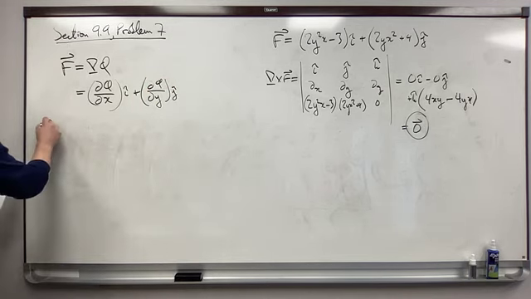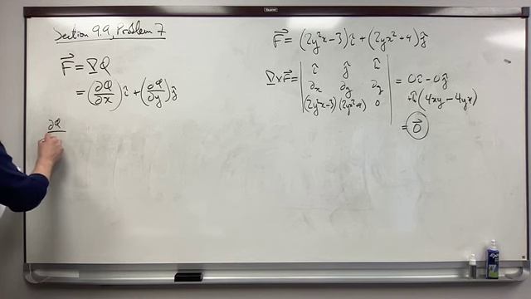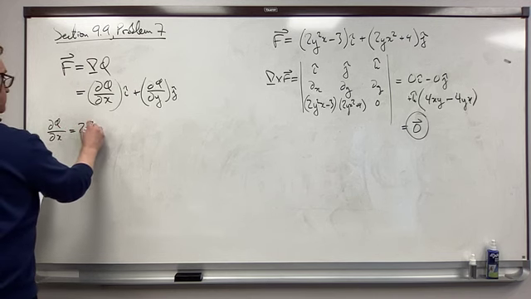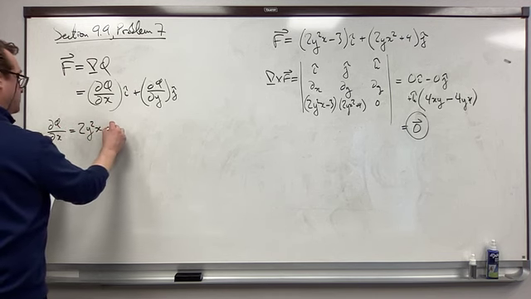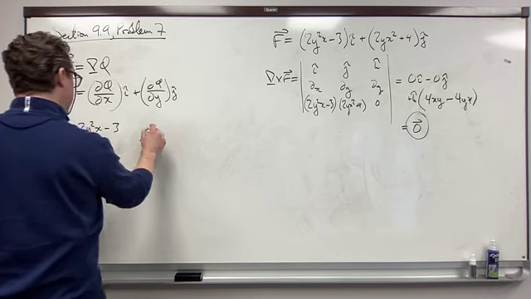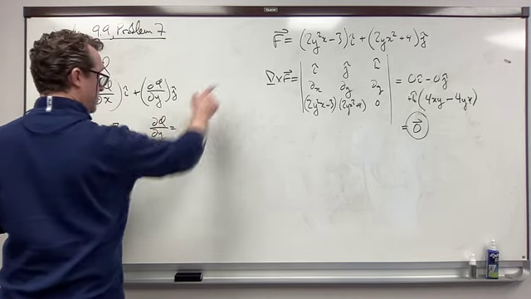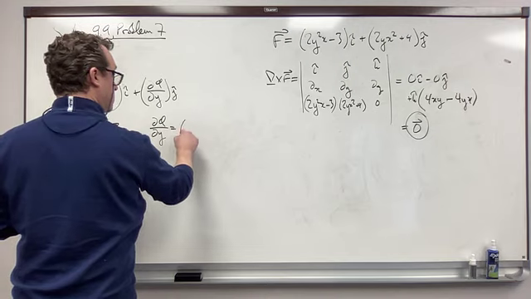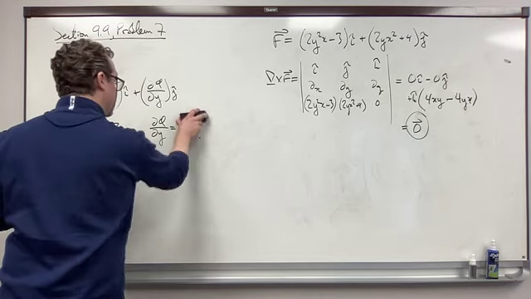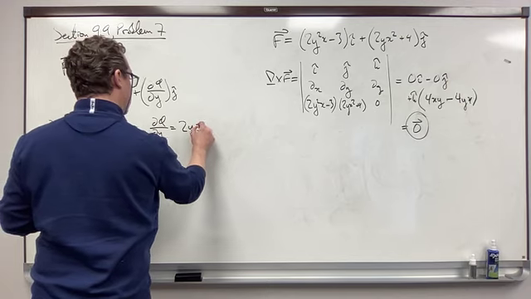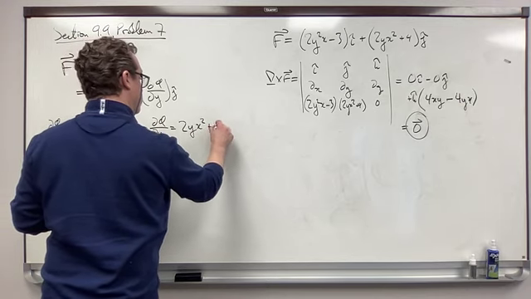That means that we have some function phi such that the partial derivative of phi with respect to x equals 2y squared x minus 3. And at the same time, the partial of phi with respect to y must be the j term there, 2y x squared plus 4.